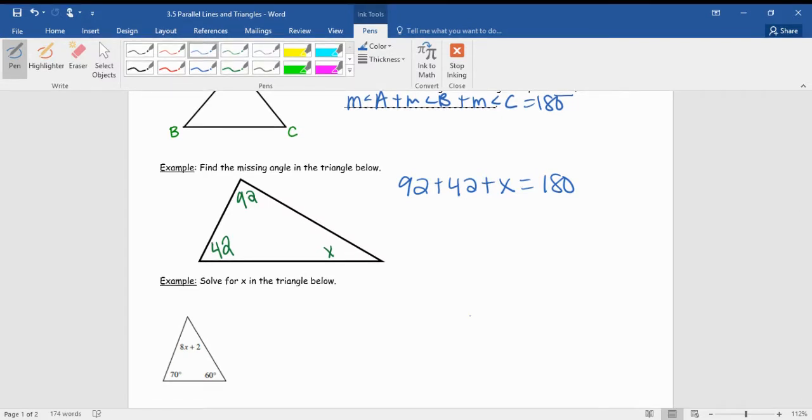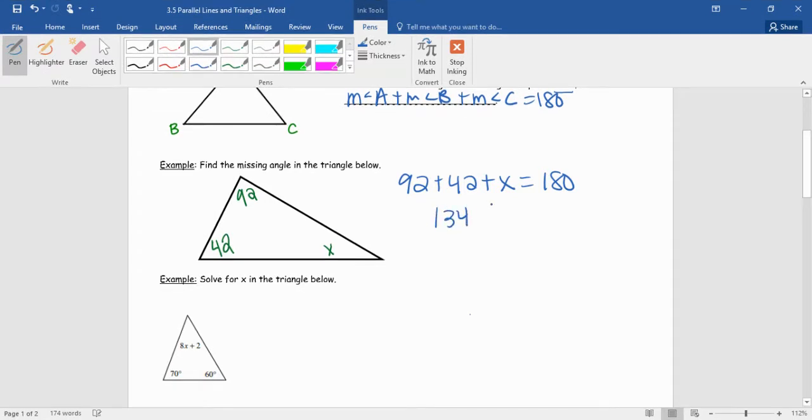So I'm just going to add those. 92 plus 42 is 134, plus x equals 180. And then since we're trying to figure out what x is, you would subtract 134 from both sides. So you get x equals whatever 180 minus 134 is. It's 46. So that x angle that is missing is 46 degrees.